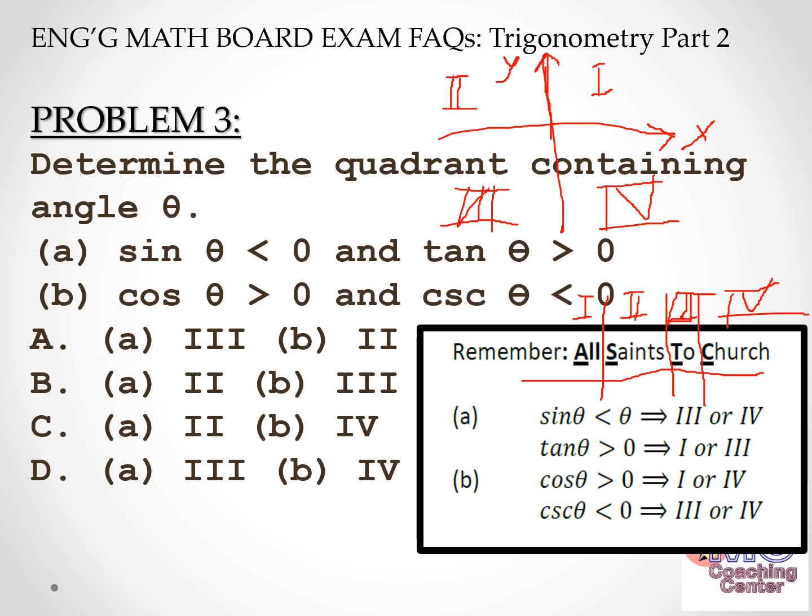So sa letter A, ulitin ko ha, eto siya third quadrant or fourth quadrant. Eto naman siya is first quadrant or third quadrant. Therefore, since intersection nila is third quadrant, itong letter A na to is in the third quadrant.